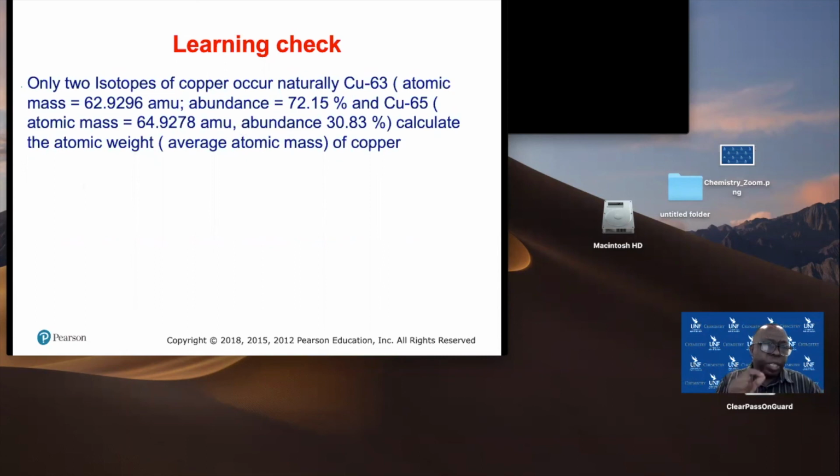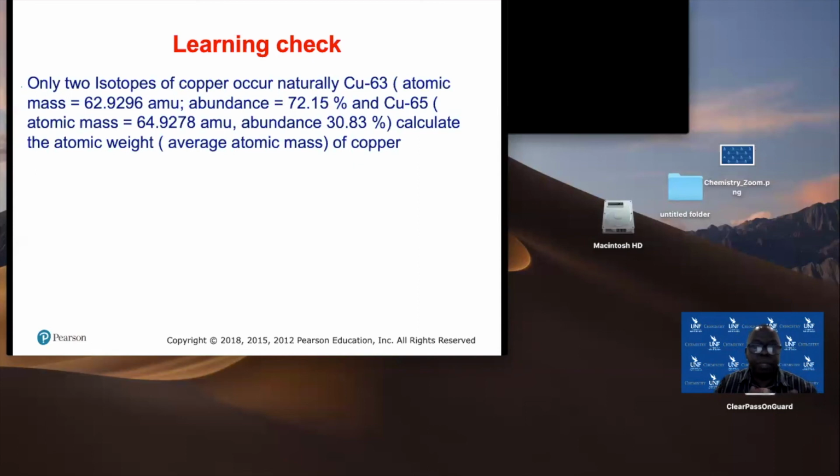One thing I've noticed is, if the element has 3 isotopes, you may be given the percent of 2, but not the percent of the third one. So you have to do the math: add the percent of the 2 and then subtract from 100%. Percent abundance should always add up to 100%.